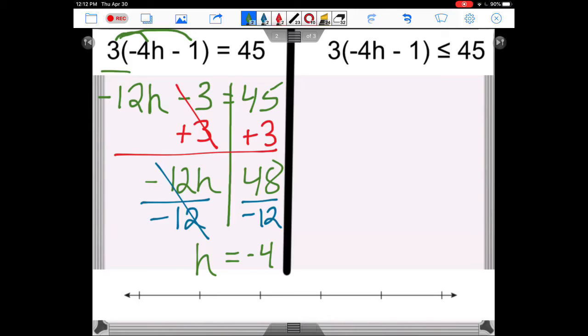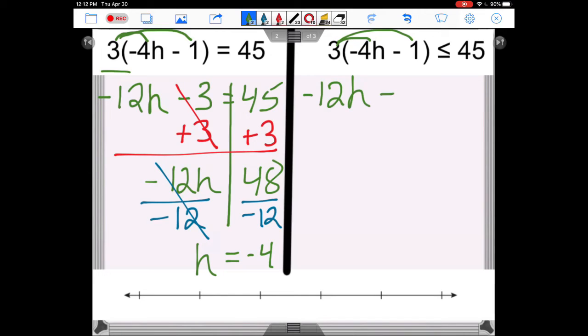We have 3 times negative 4h minus 1 is less than or equal to 45. But we'll do this the exact same way. So the first thing we did, we distributed with multiplication. 3 times negative 4h and 3 times negative 1. 3 times negative 4h is negative 12h.